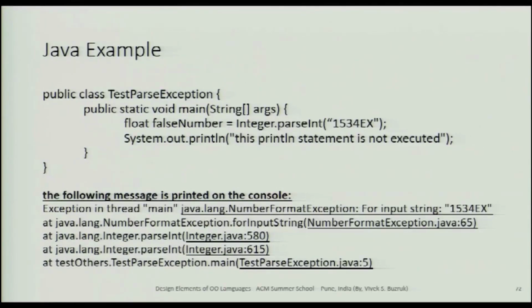It is saying that this was raised at the 5th line, going from the bottom of the main subroutine, which then called parseInt in Java, and ultimately the top of the stack was the subroutine where it executed line 65 something, and there the NumberFormatException was raised.